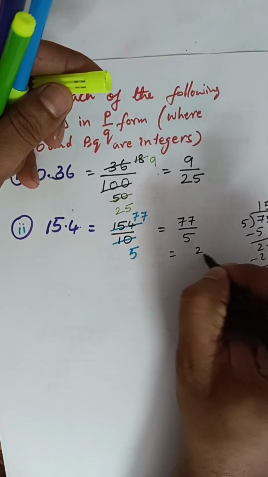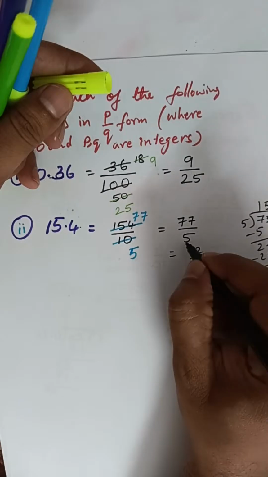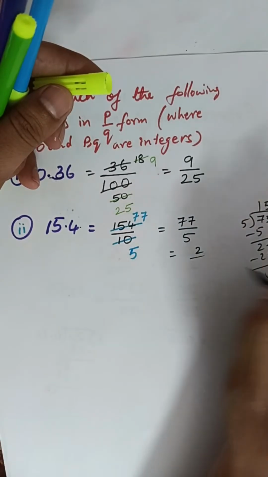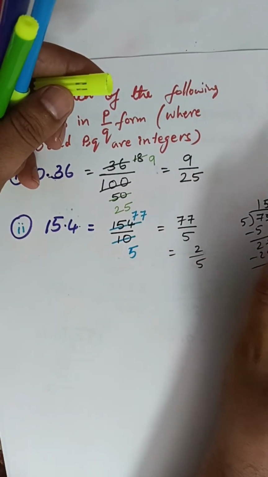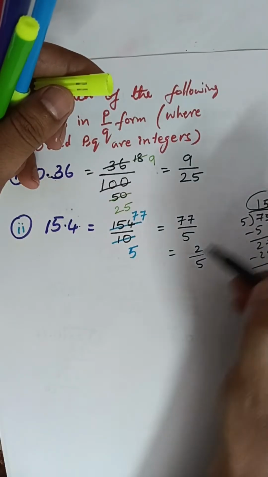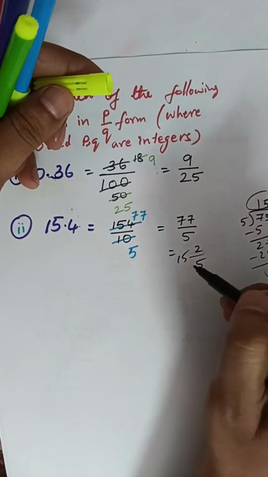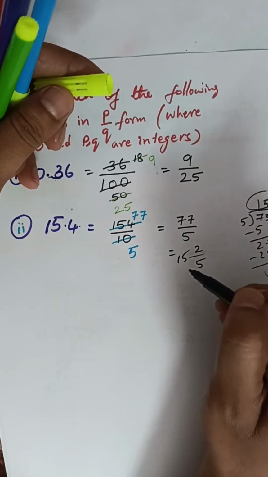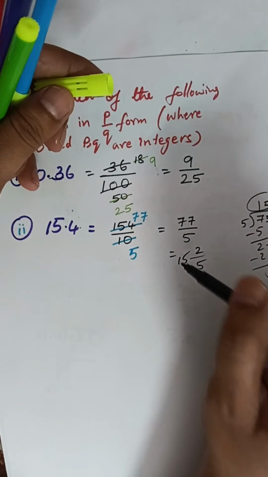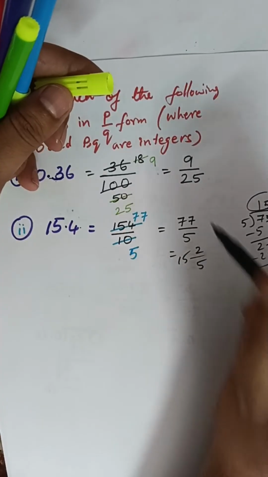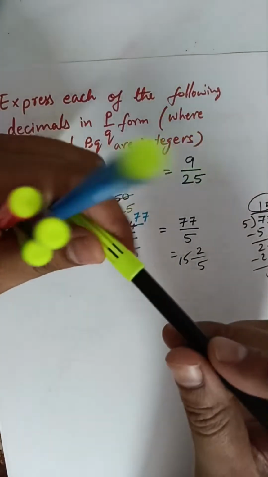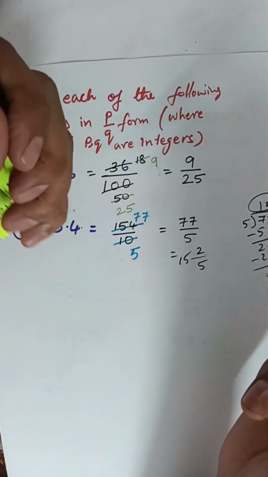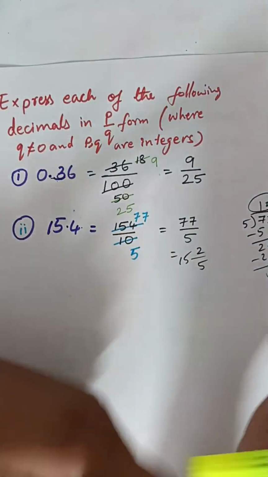Write the quotient first, then the remainder over the denominator. 15 times 5 is 75, plus 2 is 77. This way we can write the mixed fraction. Next question.